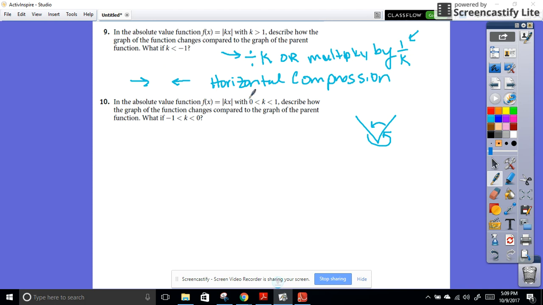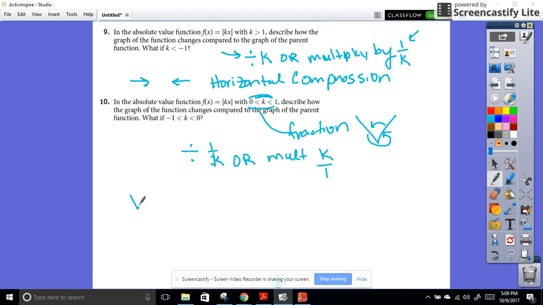What if it's a value between 0 and 1? When you see this right here, what do you think? You better think fraction, because that's all they're telling you it is. So what if k is a fraction? If k is a fraction, then you divide by the fraction or multiply by the reciprocal, k over 1.